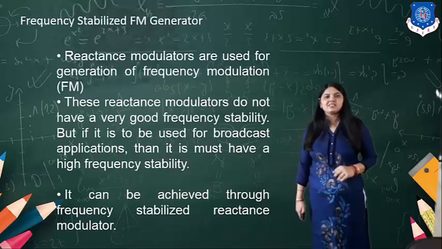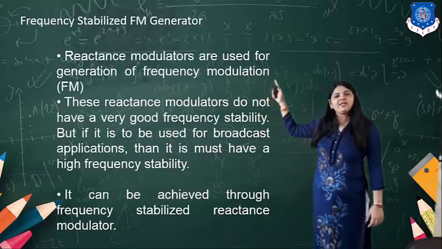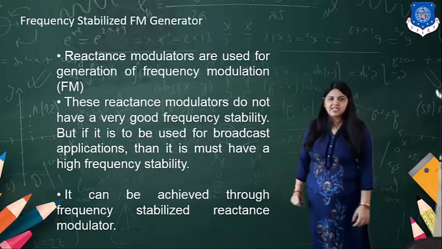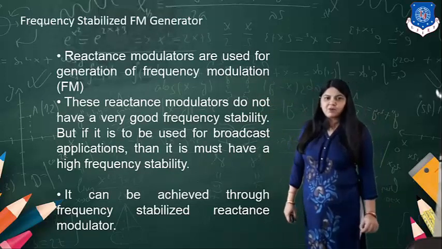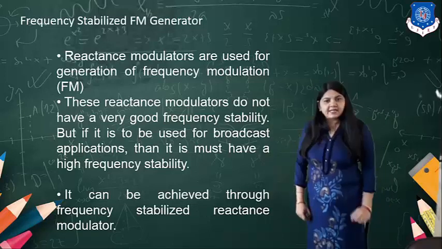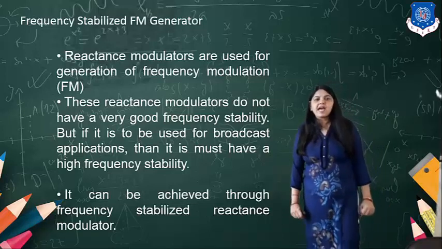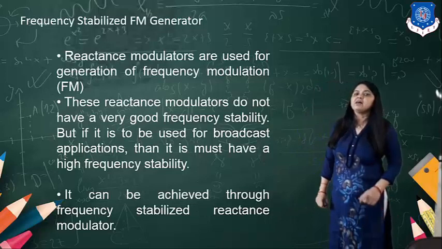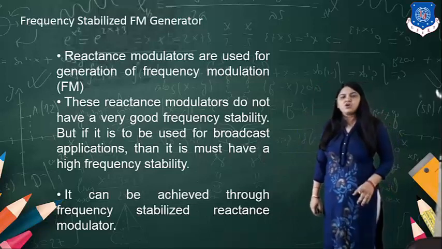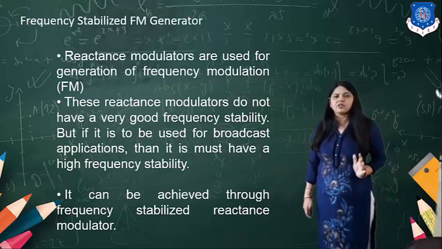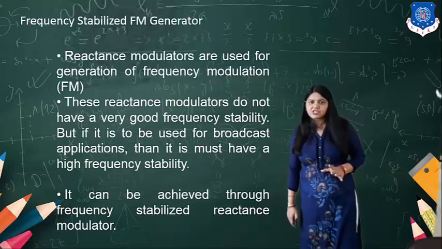Next, the reactance modulator is used for the generation of frequency modulation. The reactance modulator does not have very good frequency stability, so it is not used for broadcast application.